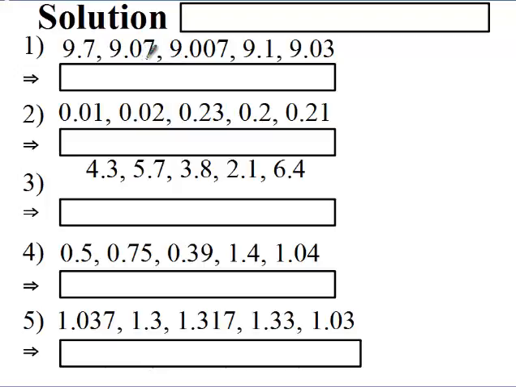In the 100th, this one has 7. This number here has 0. And this number here has 9. So this shows that 0 is smaller than 3 and 7. Hence the smallest number is 9.007. Let's number that as 1.